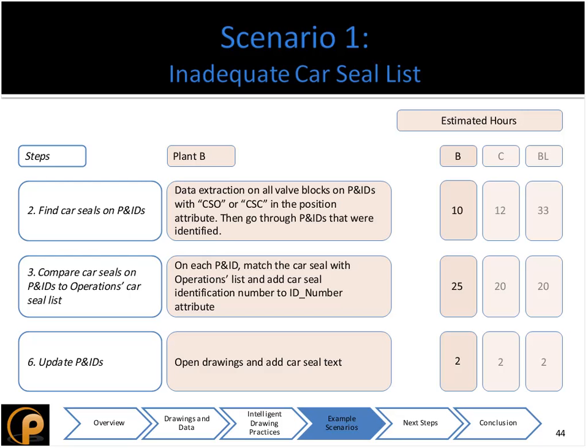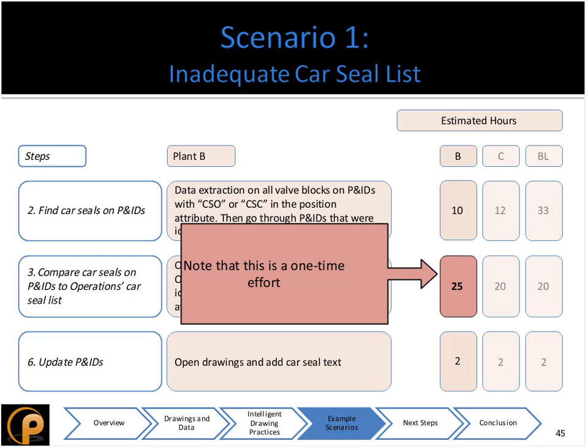Right, so now it's like a one-to-one comparison. You're just looking for that ID number instead of having to open up each P&ID and try to figure out, okay, well, this is the inlet car seal on this PSV, for example. And then the final step is still the same, to open the drawings and update.